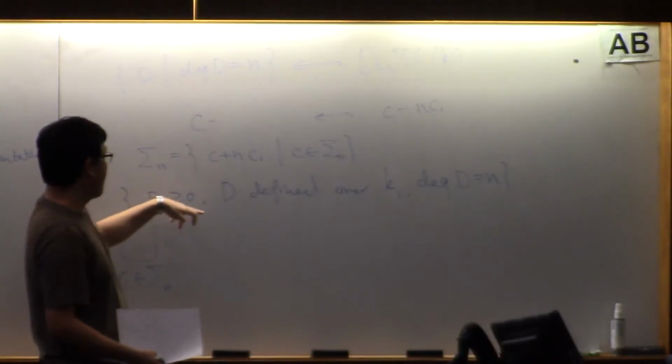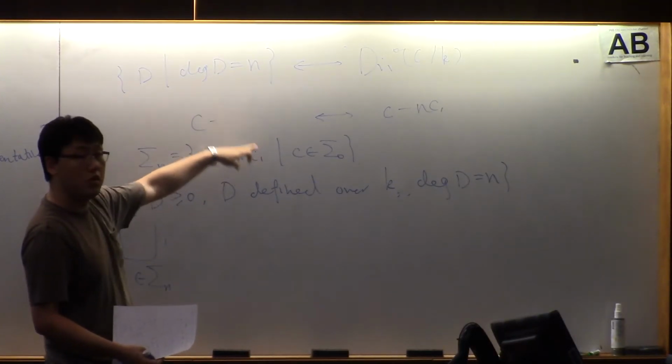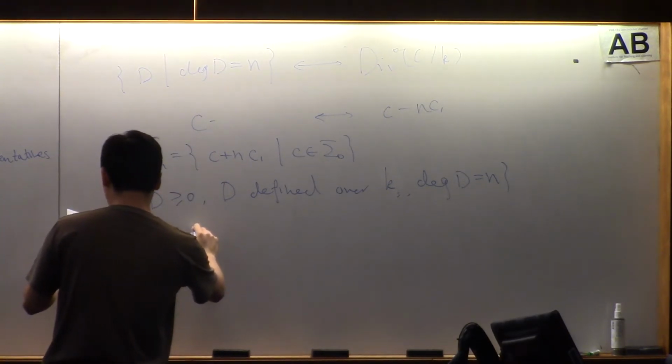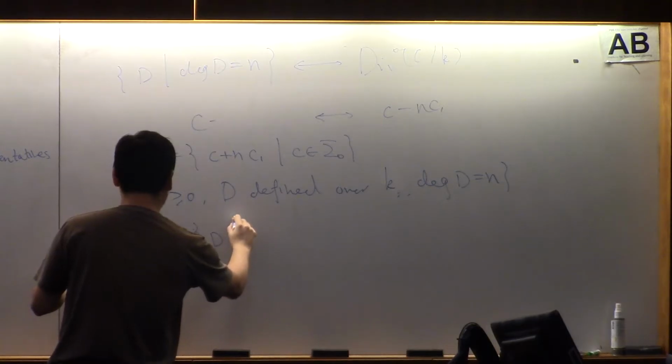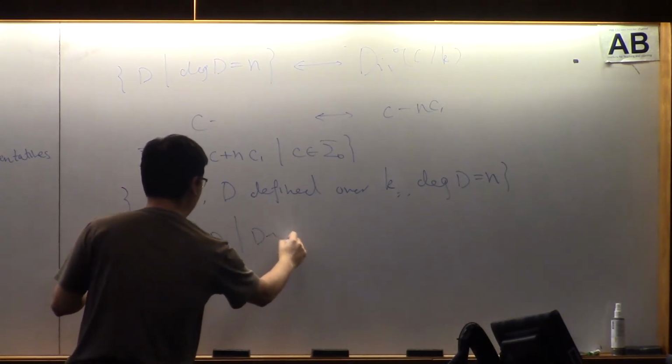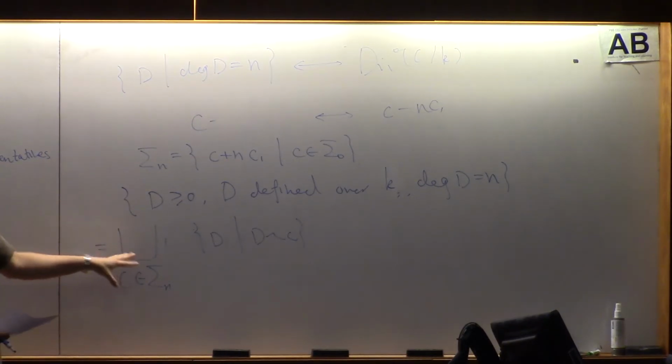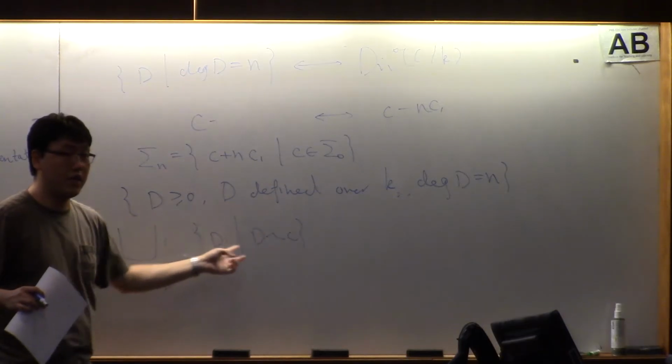Any such divisor must be linearly equivalent to some representative in this set. So I just divide the whole set into a disjoint union according to the representatives under the linear equivalence.